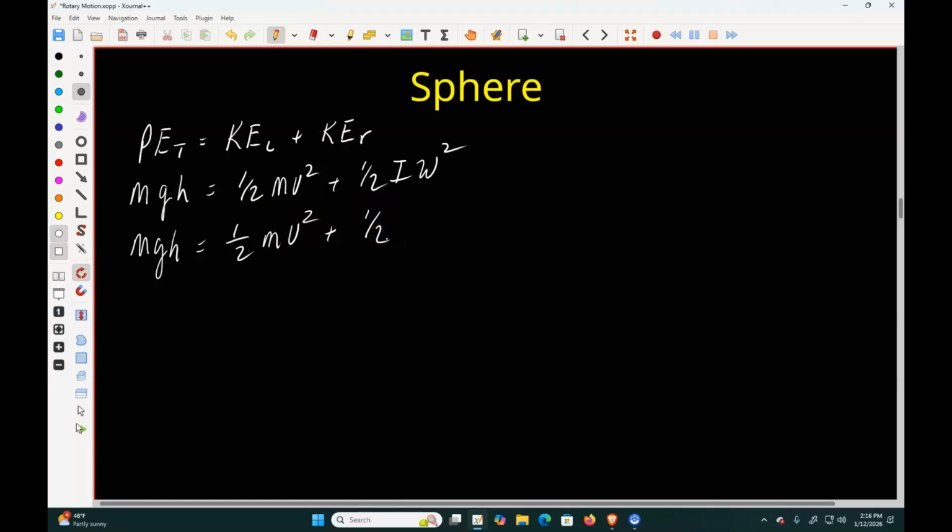Okay, so I here is 2/5 mr squared, and omega squared is v squared over r squared. R's cancel. Mass cancels mass cancels mass.